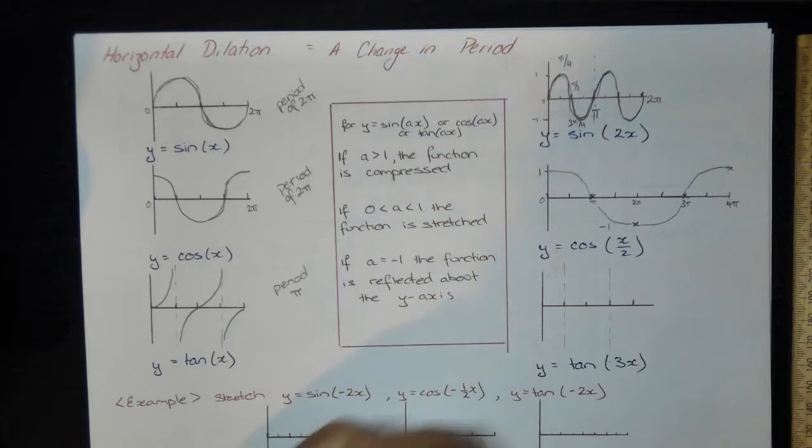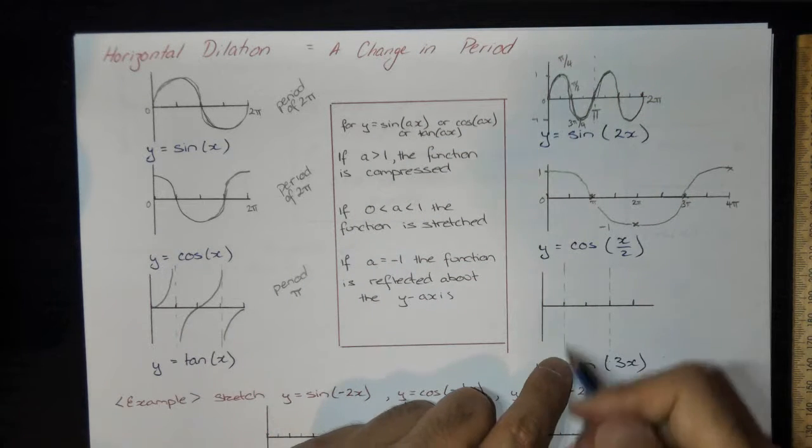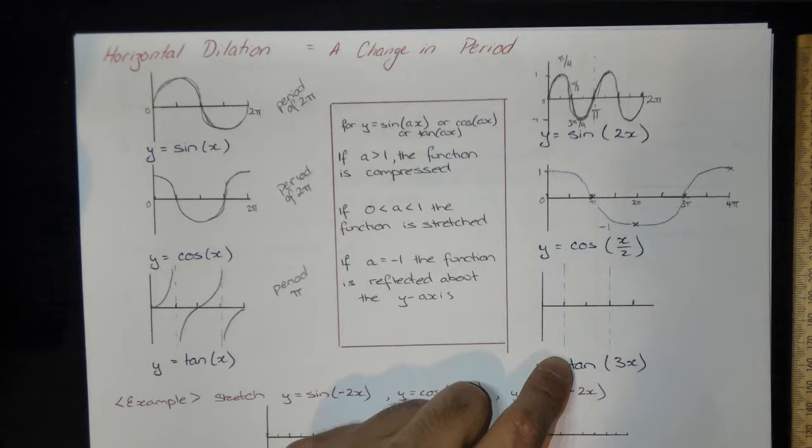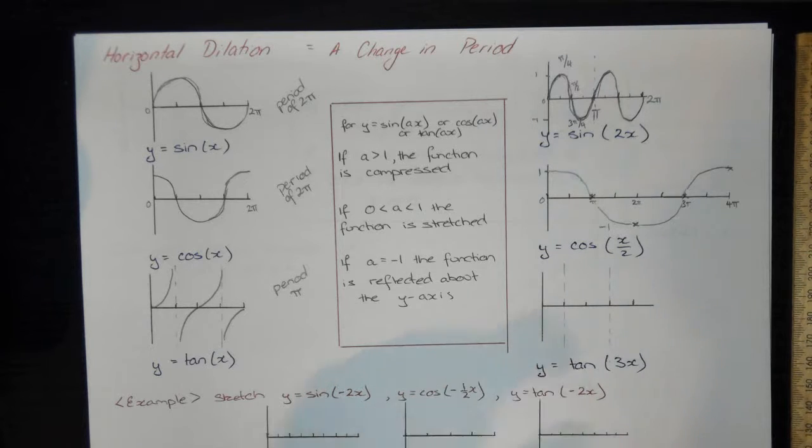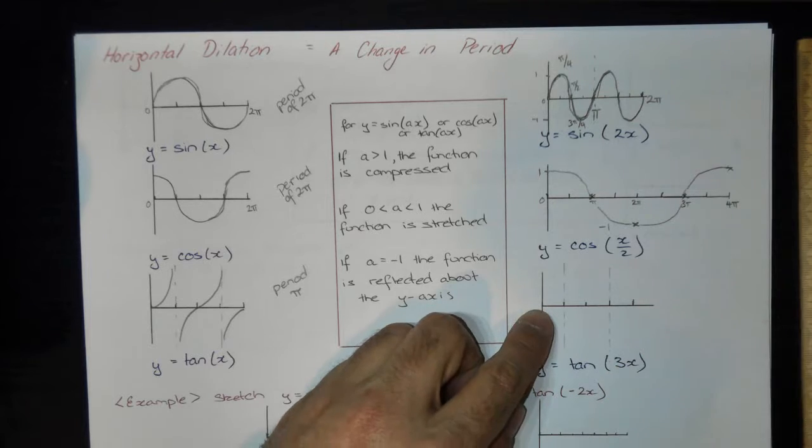So that's the usual place where the asymptotes would be. And now what we're going to do is compress this within 3 sections.